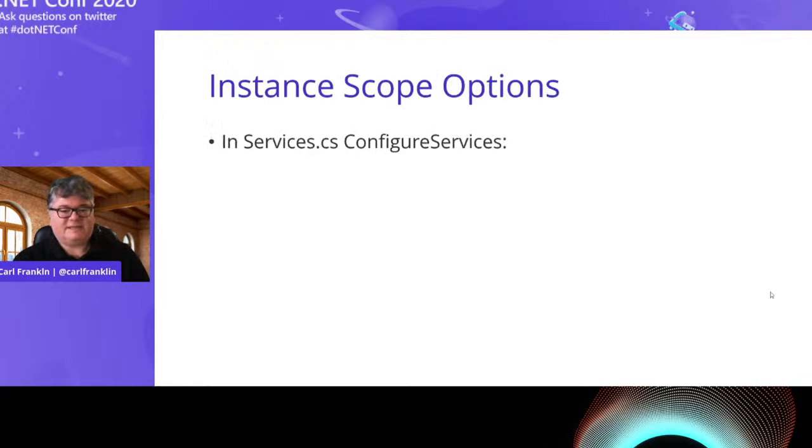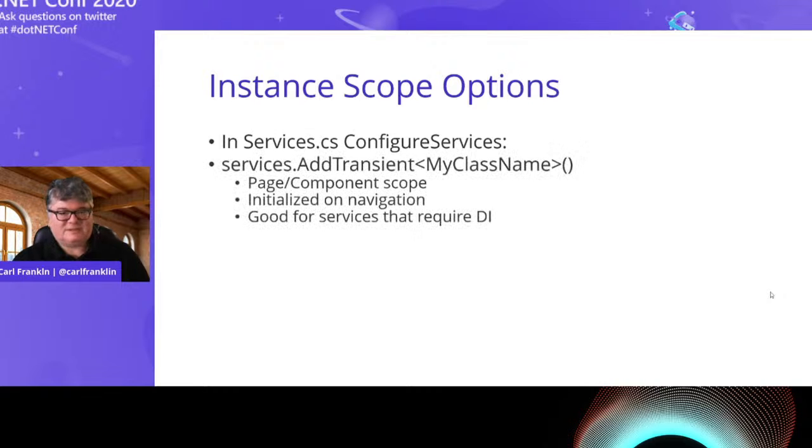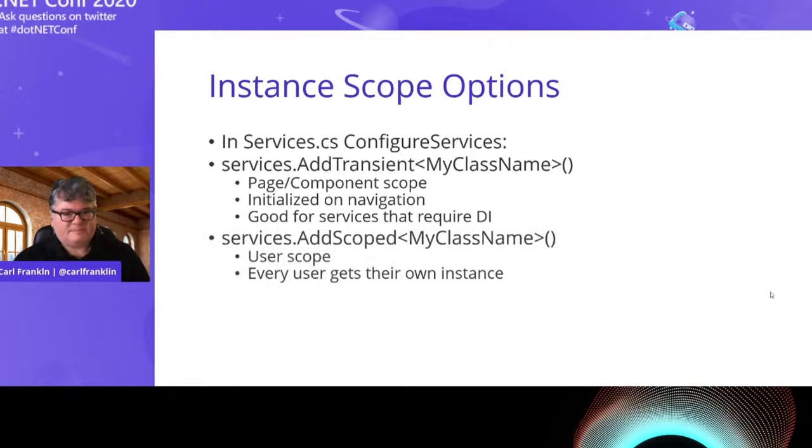In ConfigureServices for Blazor Server, you can add transient, so this is for that class level. You would do this instead of just creating a class level variable if you require dependency injection. If these classes have to be set up with dependencies before you use them, this is a great way to do it. AddScoped is that per user scope.